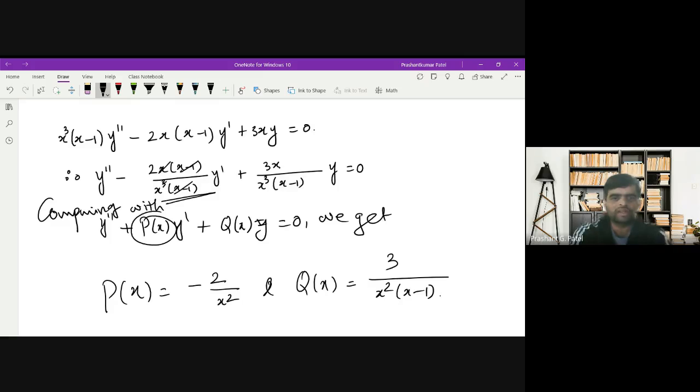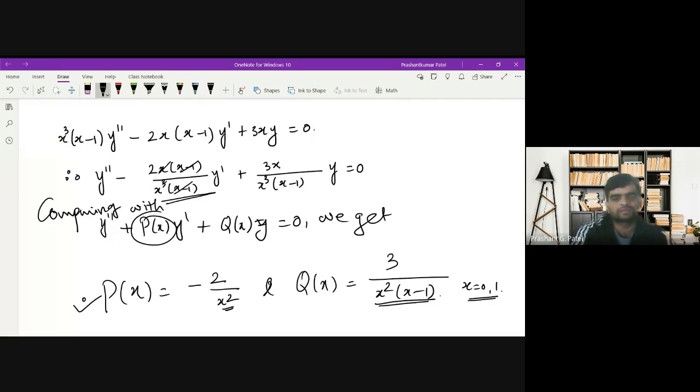One should note that p of x is not defined at x equal to 0, so it is not analytic at that point. Q of x is also not analytic at x equal to 0 and 1.